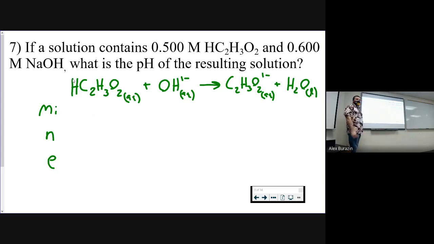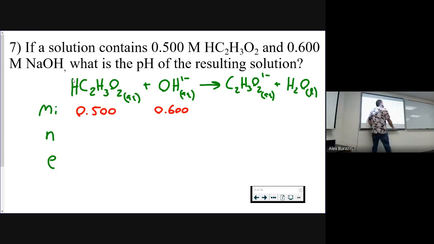Okay, we can start filling this in. I have 0.5 moles of acid. I have 0.6 moles of base. I didn't make any of this product yet, so that's 0. And water, who cares?